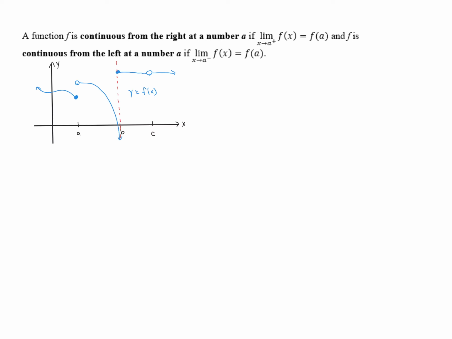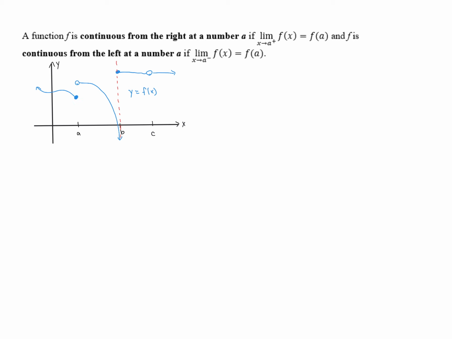All right, so here is the graph of a function y equals f of x, and we've got a few different x values to consider. Let's start with a and think about this function: is it continuous from the left, continuous from the right, or neither? In this case, it is continuous from the left, because the function value is the same as the left-handed limit.